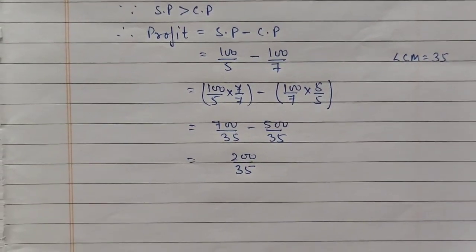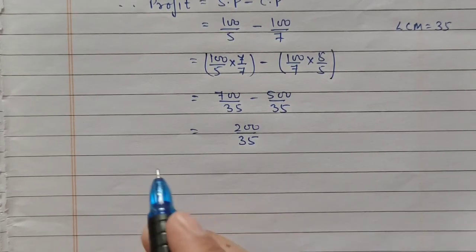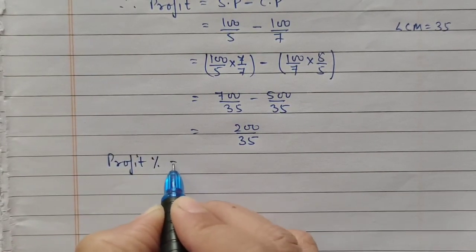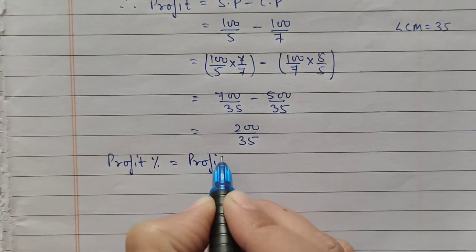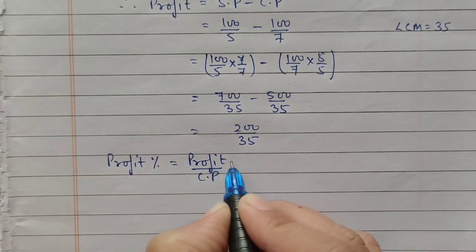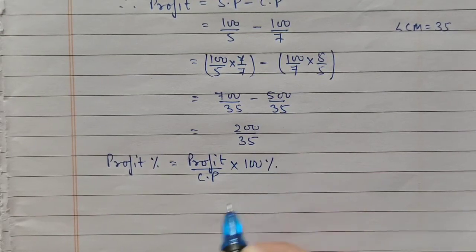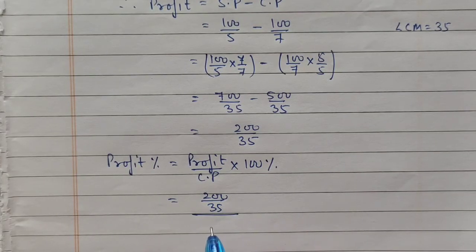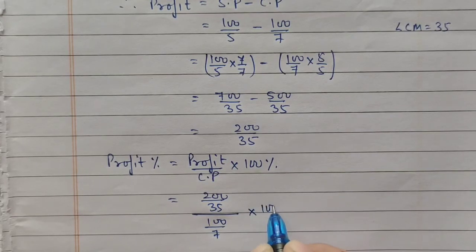Now this profit we have to change into percentage. So profit percentage is equal to profit by CP multiply by 100%. So profit we have 200 by 35 and cost price for 1 pen we have 100 by 7 into 100%.